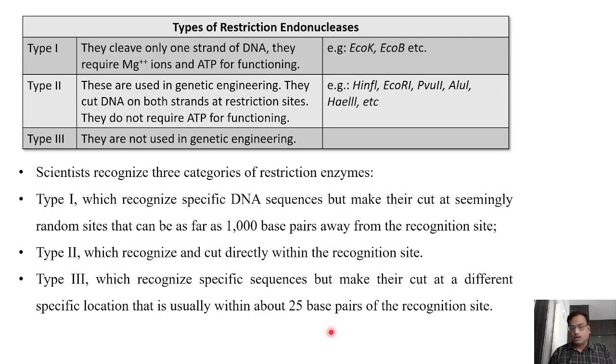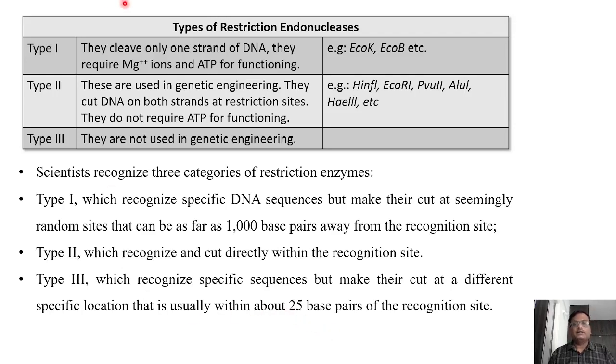Remember, different endonucleases from different bacteria have different restriction sites, so they will cut the DNA at a particular restriction site. Based on the requirement, based on the restriction sites, the restriction enzyme has to be chosen.